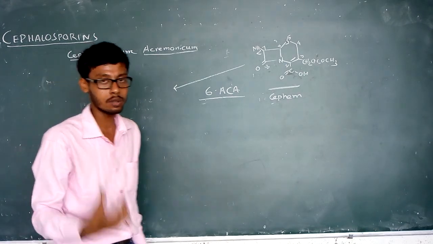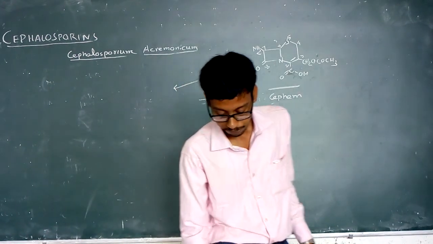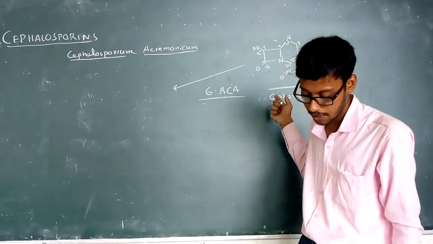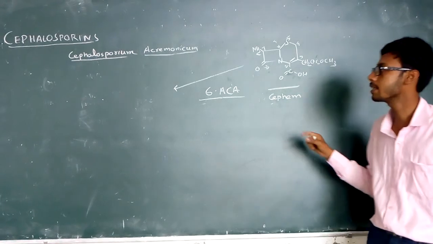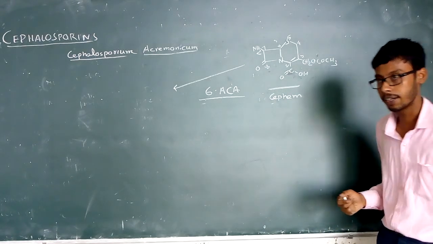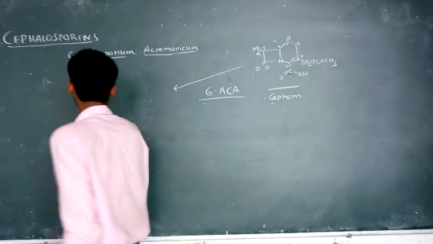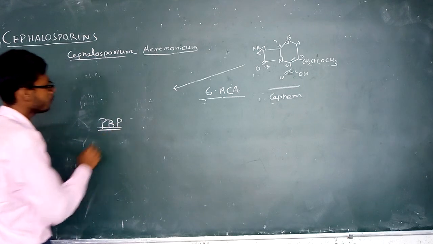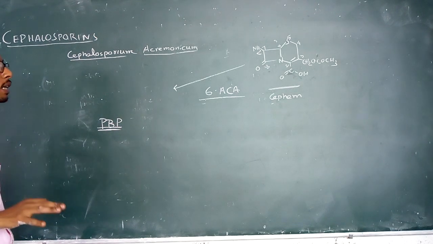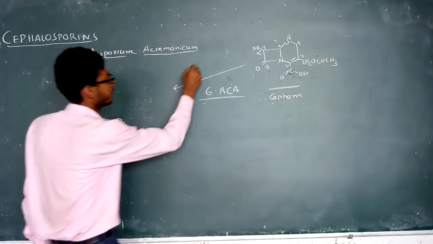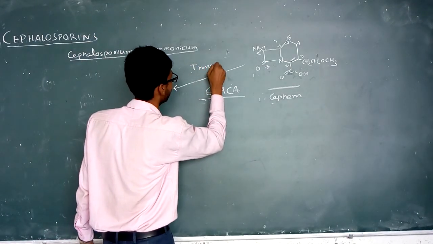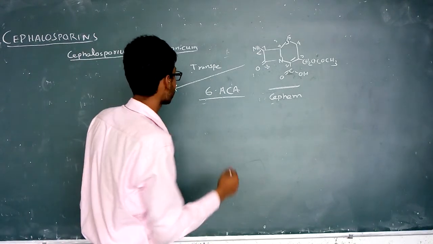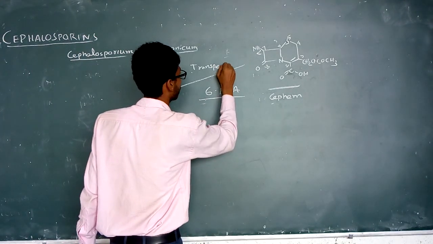Due to the reduced ring strain of the cephalosporin 6-member ring system, which is the second ring system, it is less reactive toward the transpeptidases, and at the PBP, penicillin binding protein, they interact with the transpeptidase to inhibit the transpeptidase and the cross-linking function.